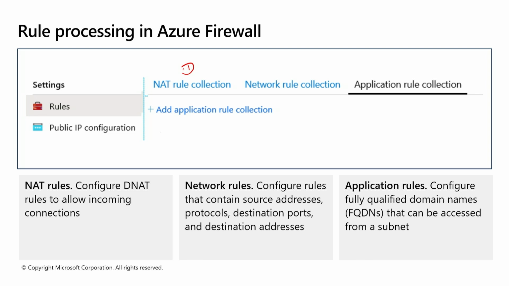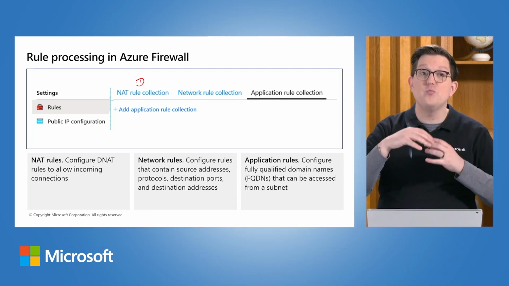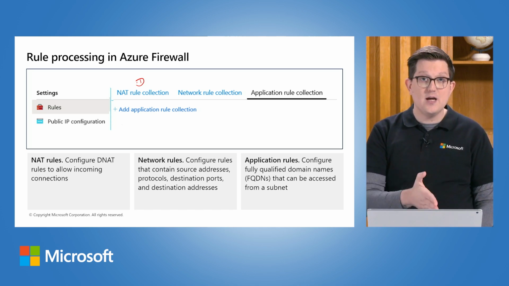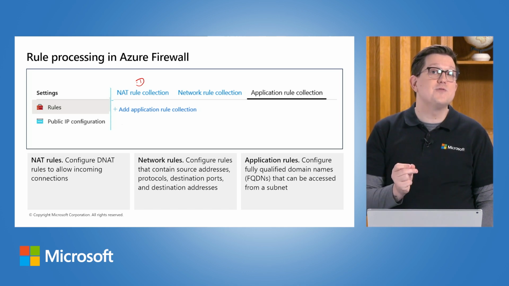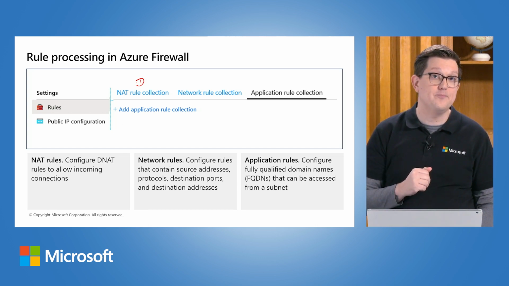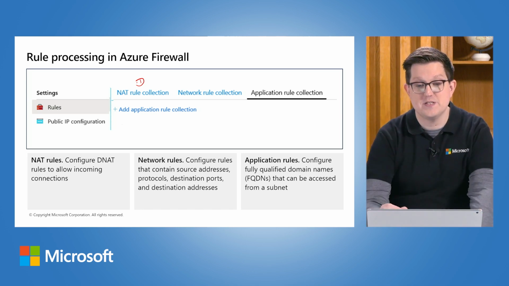So we will create a bundle of rules that represent something we wish to achieve in the environment. From there, we can create individual rules within that bundle that allow us to do destination network address translation. This is extremely useful if you just need to do a simple translation from one port and IP to another port and IP. But beyond this, we also have 2 other rule types.